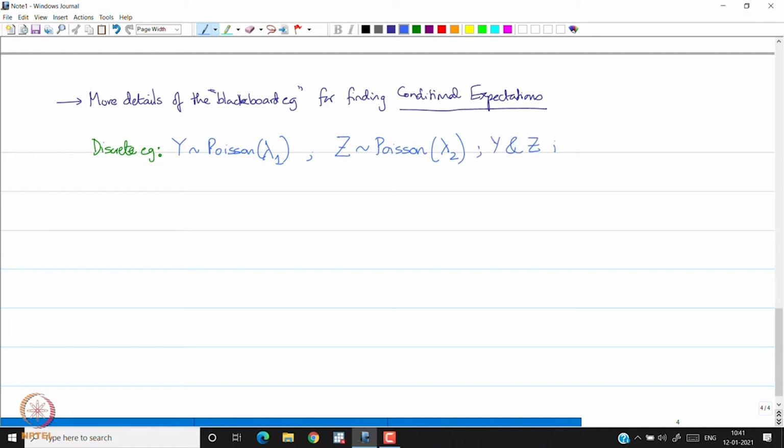This is very important, of course, otherwise this problem doesn't become solvable. So Y and Z are given to be independent.